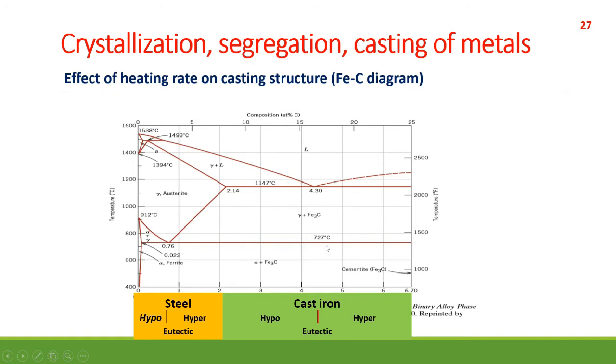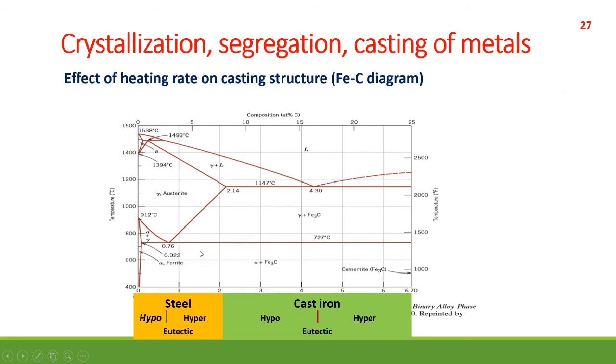Here on this line you see the concentration of carbon increasing from left hand side to right hand side. We call it steel when the concentration of carbon is up to 2.14%. If the concentration of carbon in iron increases beyond that, we don't call it steel anymore, rather we call it cast iron.